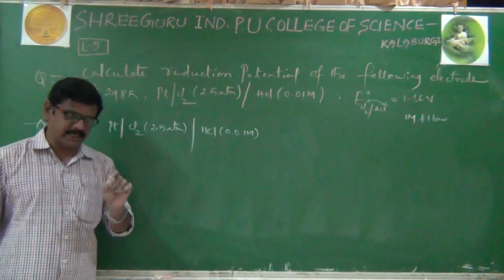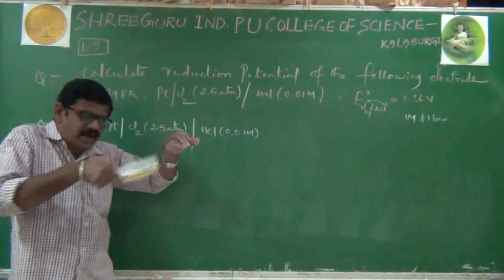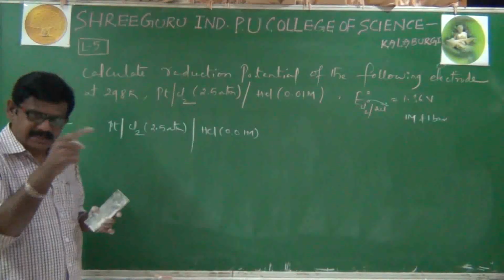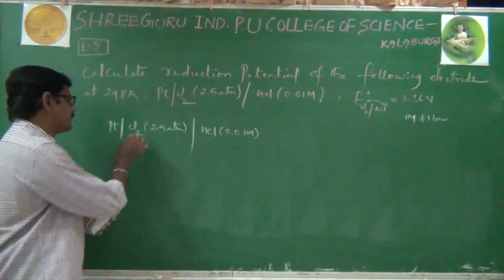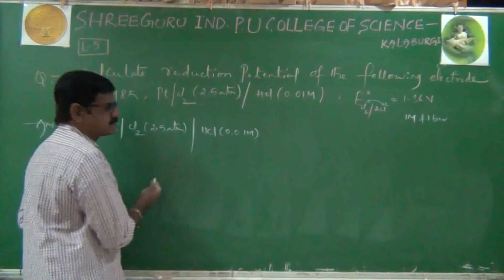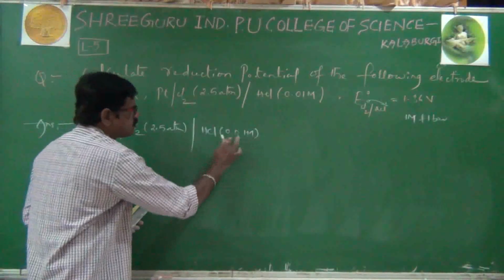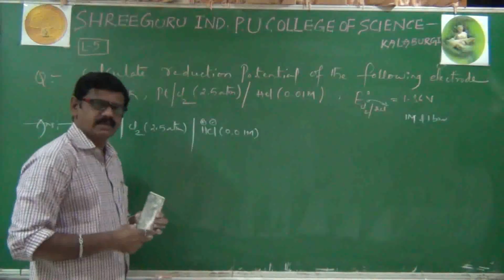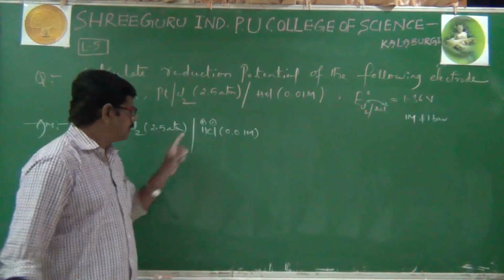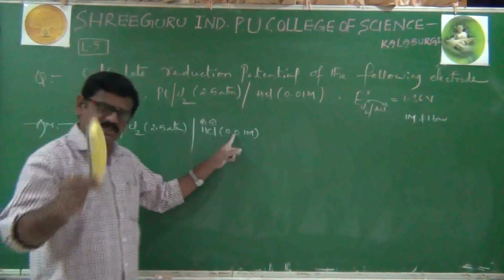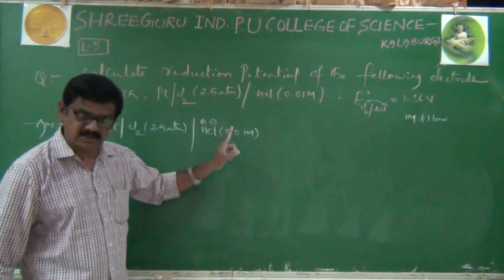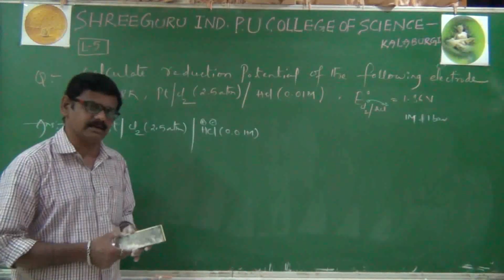Chlorine electrode means chlorine should be in contact with its own ions in solution. That's why chlorine | HCl. HCl concentration is 0.01. HCl is nothing but H plus and Cl minus ions. Here H plus concentration is 0.01 molar, as well as Cl minus concentration is 0.01 molar.